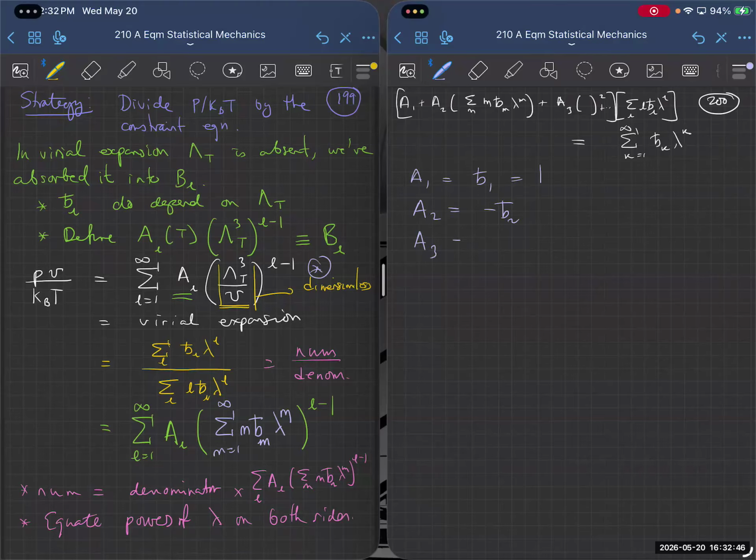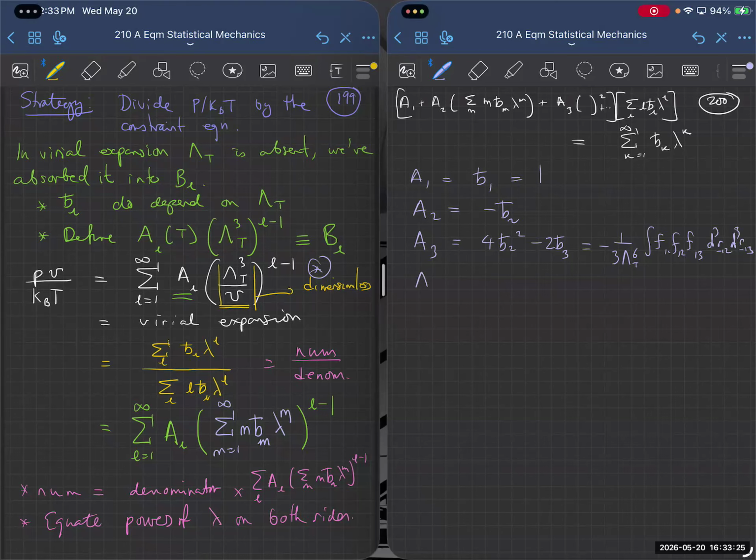A3 is equal to 4 B2 squared minus 2 B3, and if you work that out, that is minus 1 over 3 thermal de Broglie wavelength to the 6th power, and then the integral of f11, f12, f13 times d3r12, d3r13, something like that.